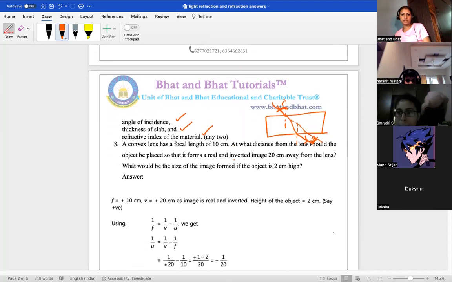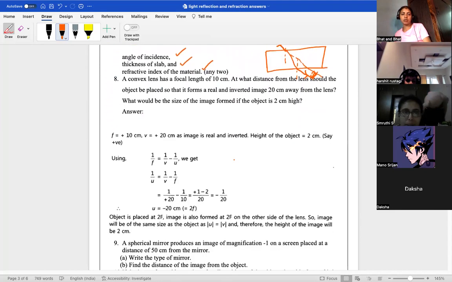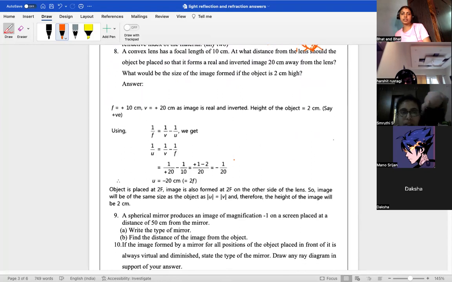Yes, ma'am. Now the next question is, a convex lens has a focal length of 10 centimeter. At what distance from the lens should the object be placed so that it forms a real and inverted image 20 centimeter away from the lens?